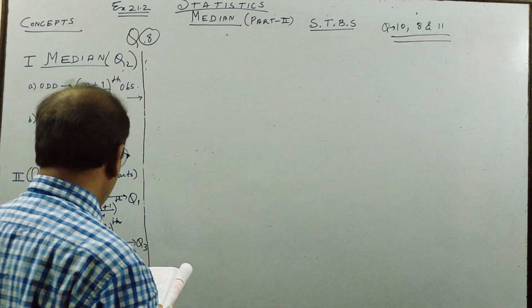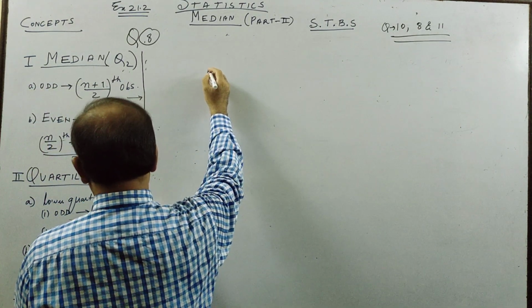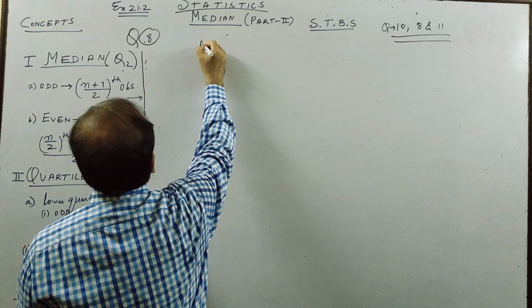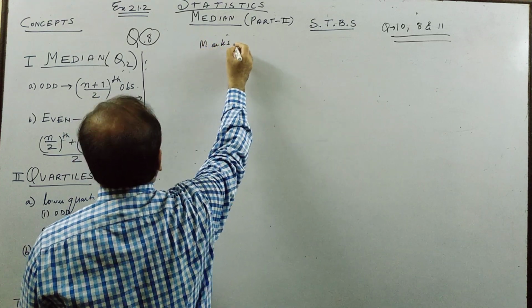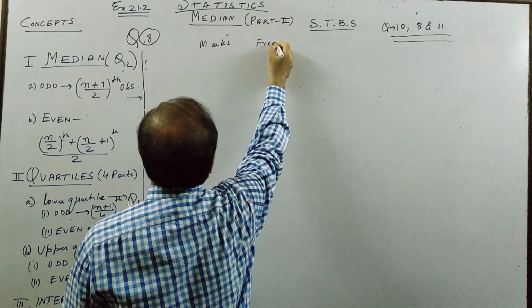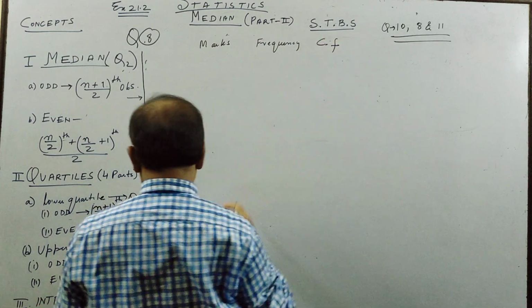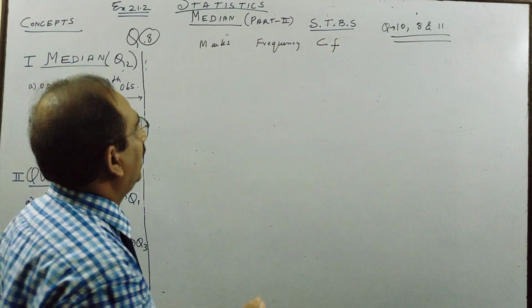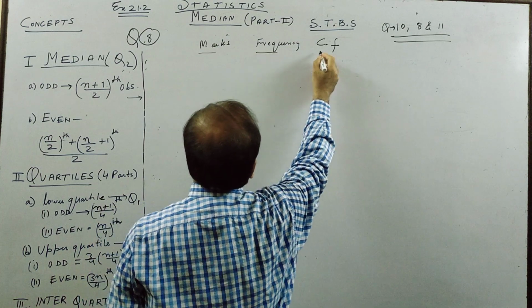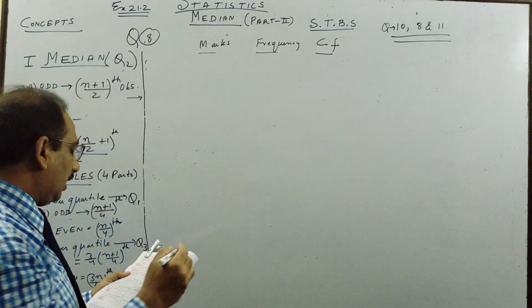So number 8, what you have to do, you have to write generally here marks, and frequency, and definitely in all these sums we write cumulative frequency. Okay, so these are not arranged, so I am marking.